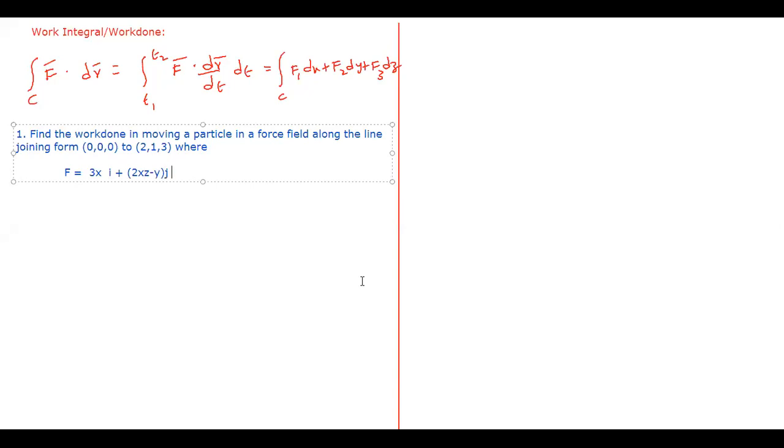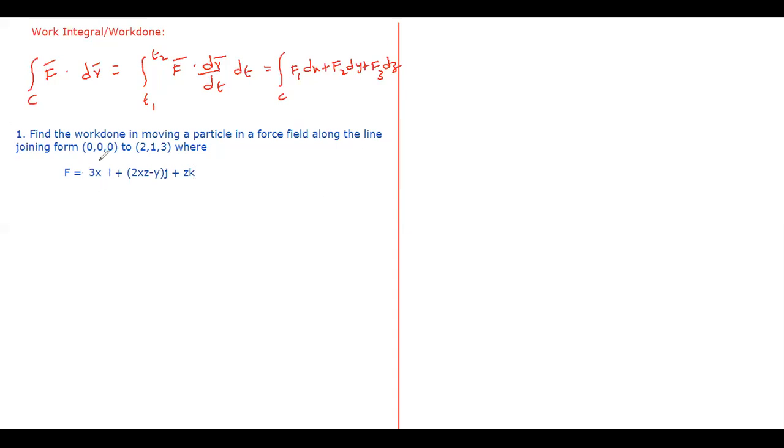All of you please make a note, make class notes. So 3x square i bar plus 2xz minus y j bar plus z k bar. Okay, so this is the problem.